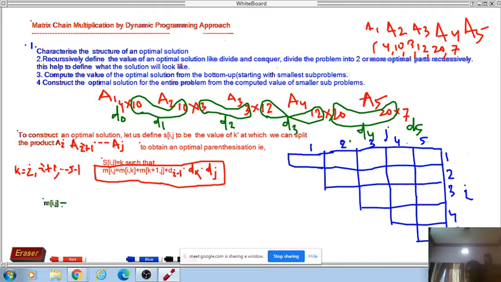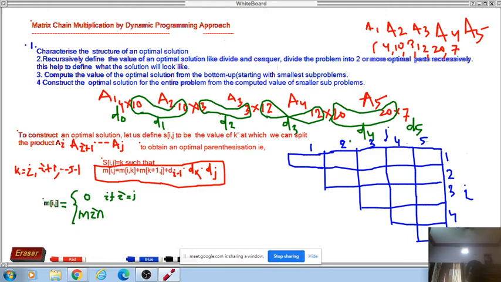Mathematically it is defined: m of ij will be 0 if i equals j. If i and j are equal, you fill in 0. Otherwise, you are going to take the minimum value of the above formula.